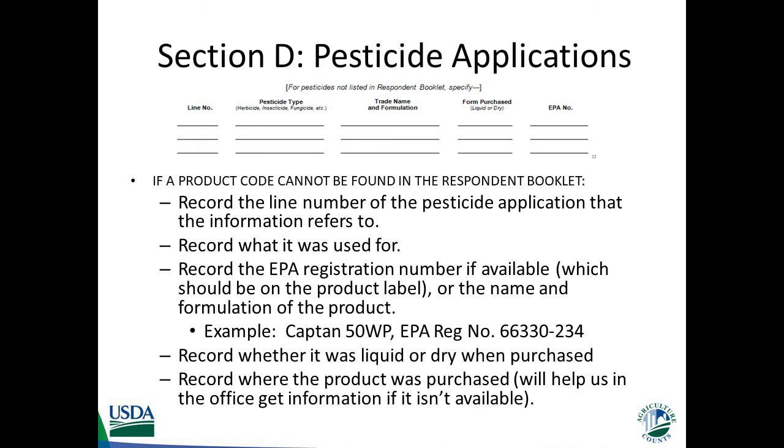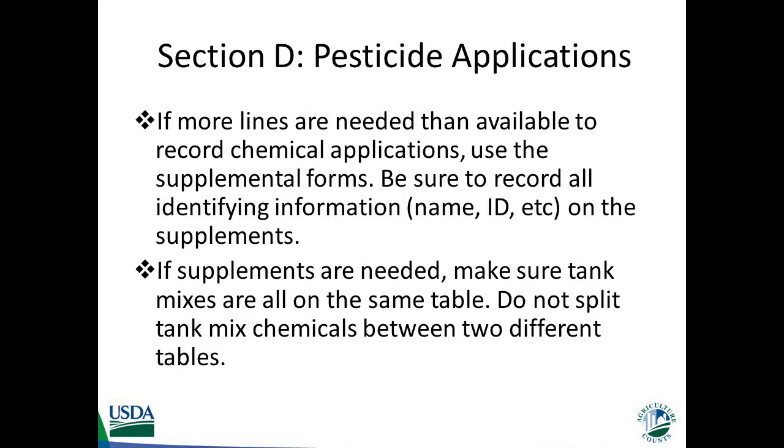Finally, you should record whether the product was in liquid or dry form when it was purchased, and even where the product was purchased. If we know who the vendor was, we may be able to contact the vendor to get more information about the product.